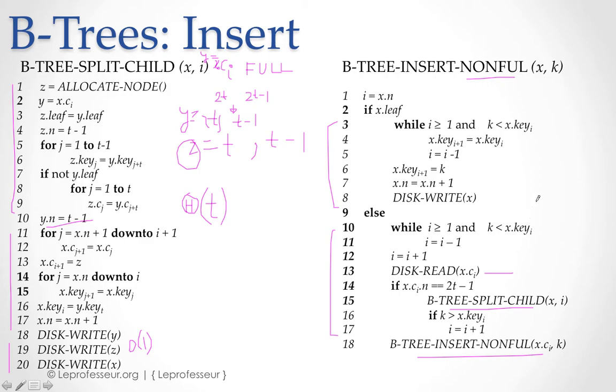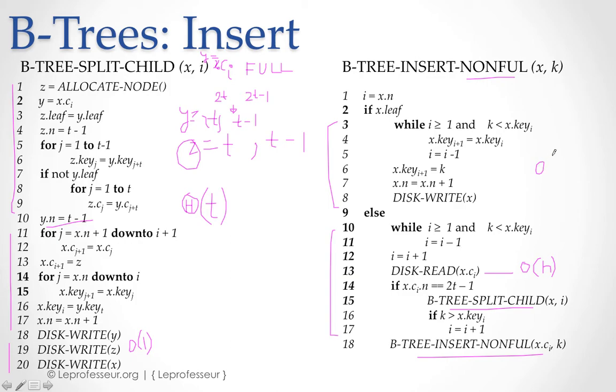Now think about how much time this will take. The disk access to read the page is going to take whatever the height of the tree is. And how much is the whole process going to take to insert a key at a node which is not full?